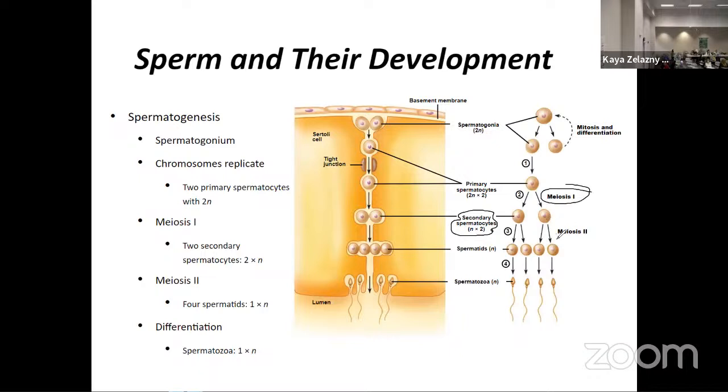And then meiosis 2 completes the meiotic process. So we're completing meiosis, ending up with our spermatids, which would be the 4 cells, each of which is haploid. Each of them includes just one of each chromosome, just one copy of the information. And each of these spermatids are different from each other and different from the original parent cells.